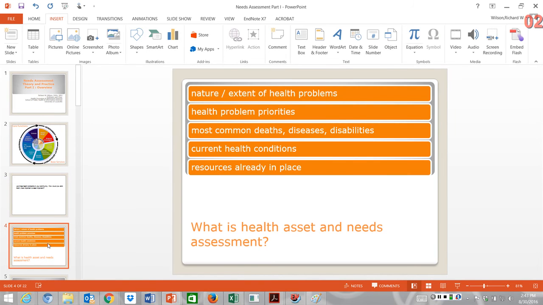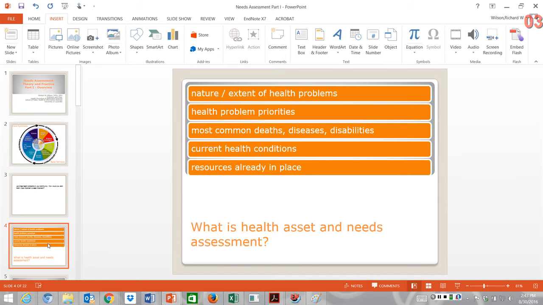So what do we mean by health asset and needs assessment? I want to clarify here. Traditionally, we've used the term needs assessment. More recently, we've begun to recognize that not only do we want to identify problems, but we also want to identify resources. Some of the items in this slide are on one side or the other.